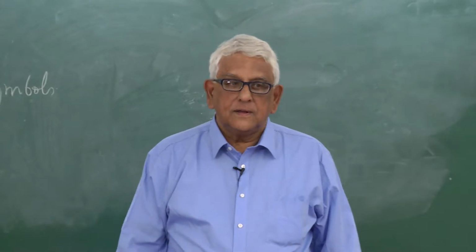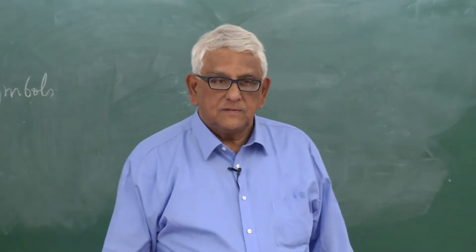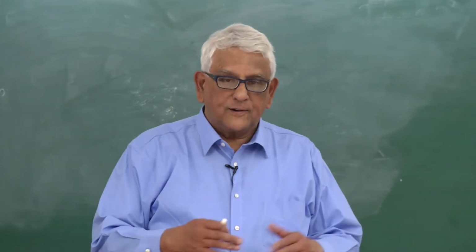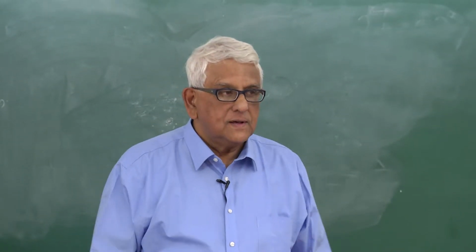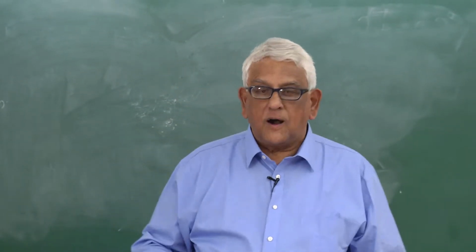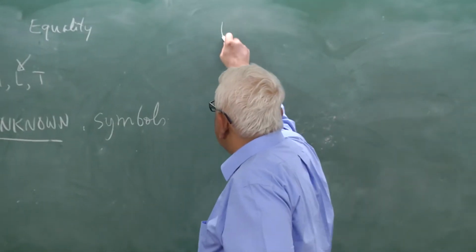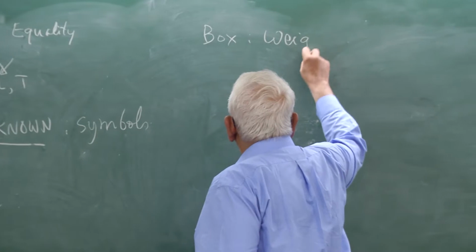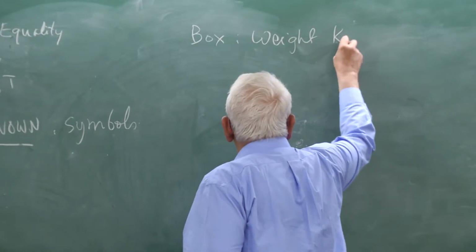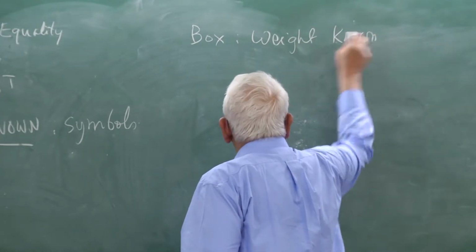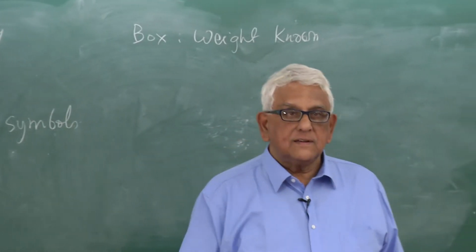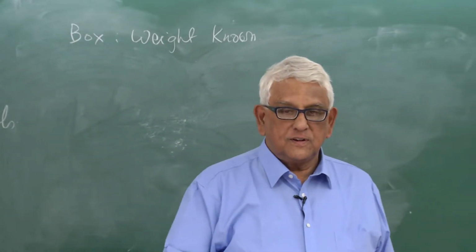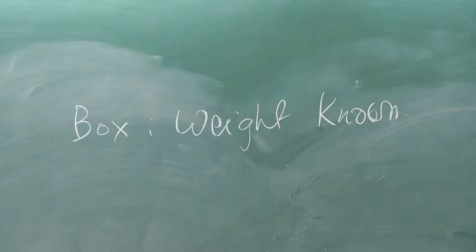Suppose a rich person is given a box, a beautiful box, and he knows the weight of the box. So we have a box. As soon as I've said that, I have introduced the unit of mass, right?